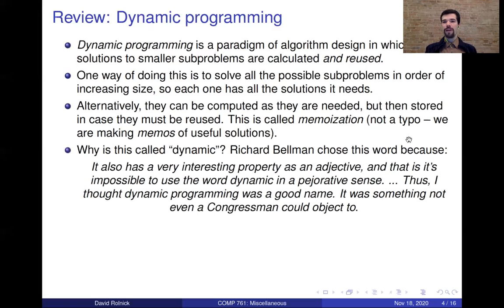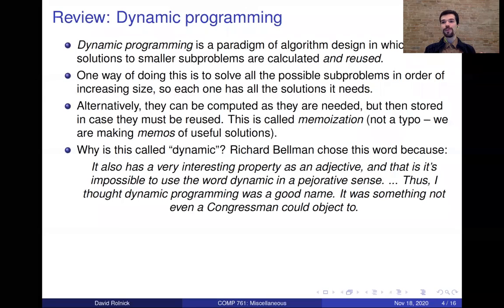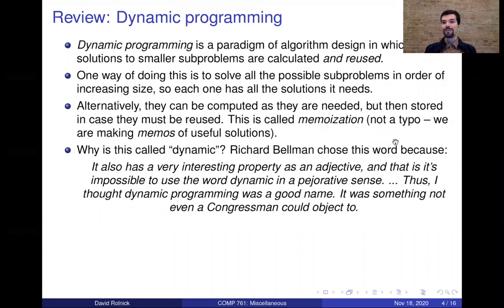In case you're wondering about the name dynamic programming, this was chosen by someone called Richard Bellman, and they chose this word because it sounded awesome, basically. And Bellman thought that it was impossible to use this word in a pejorative context, so in a context that was making it sound bad.